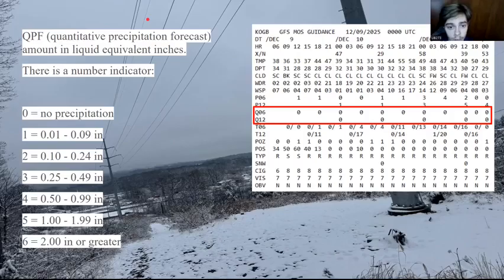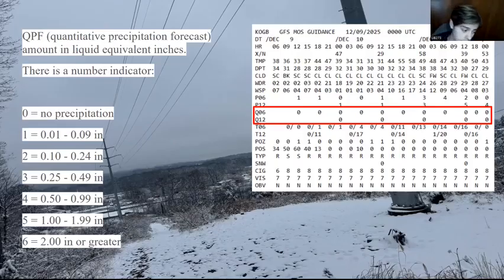now the Q06 and Q12 represent QPF, which stands for Quantitative Precipitation Forecast, which just means the liquid equivalent of precipitation that we might expect. So if you were to melt down something that can be melted, what would the liquid equivalent be? Because that's not always going to be the same as what it is for solid.